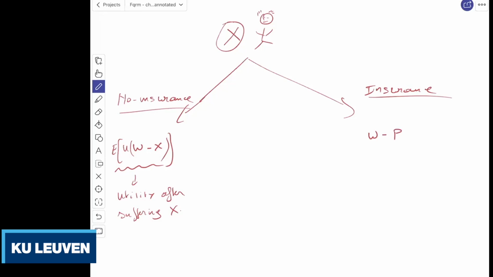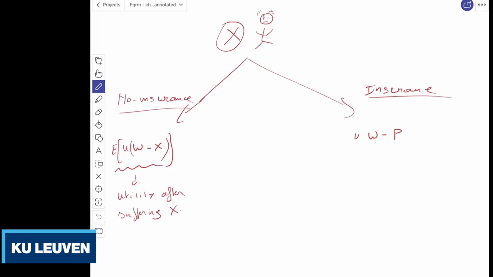Your wealth drops from W to W minus P. You pay the premium, but after you pay the premium, there are no liabilities for you anymore. Because whatever X is, if X is 0, if X is 100 or very large, the insurance company will cover that loss. So it's not your loss anymore. So it means that after suffering the loss X, your wealth stays at W minus P, right?